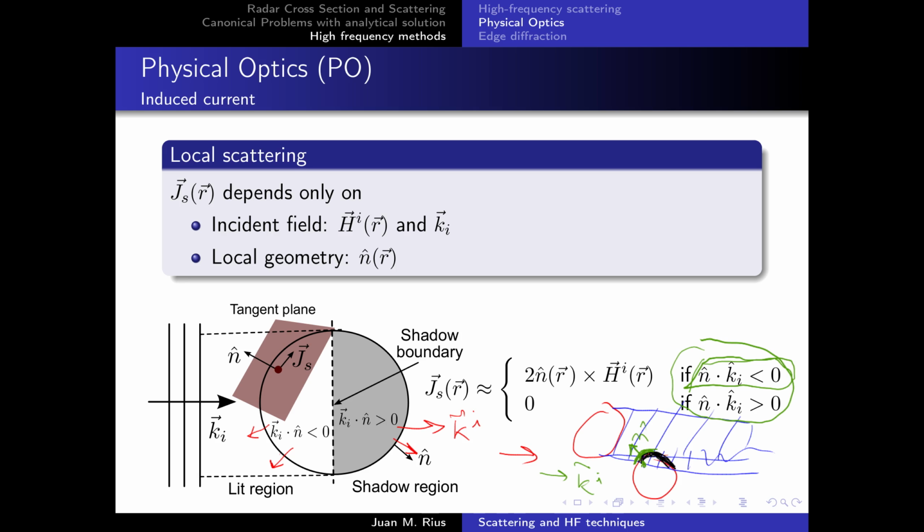When you have objects that are not convex, that have complex shapes with many concavities, or the object is divided in different parts, then some parts may shadow other parts.